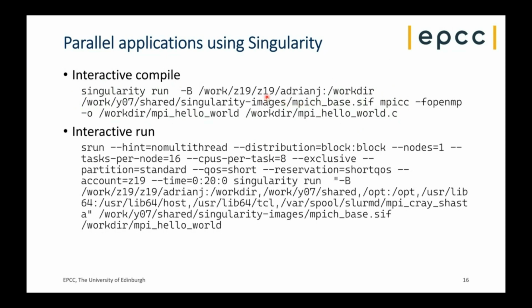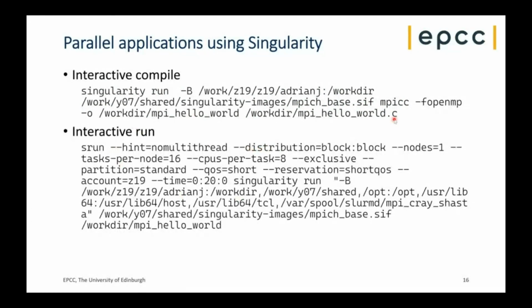And that could be, you need a different version of a particular compiler because your code doesn't work with GCC 10.2 or whatever it is. You need GCC 7.3. You could build a container with your own version of the compiler, but still interface with the MPI libraries on ARCHER2 and use that to move forward.